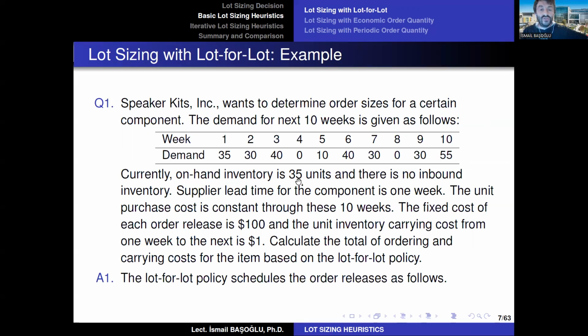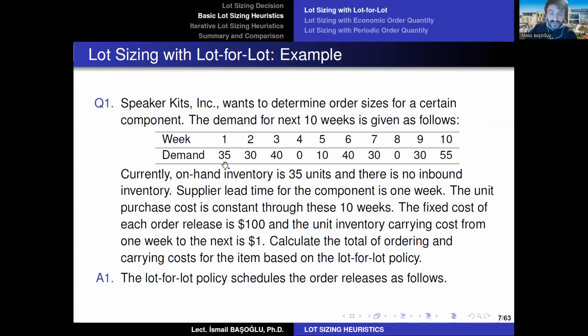Now, if this on-hand inventory was 30, then the first net requirement would be observed in the first period. If you have on-hand inventory, it's a good idea to subtract it from the first week's demand to adjust the first week's demand.